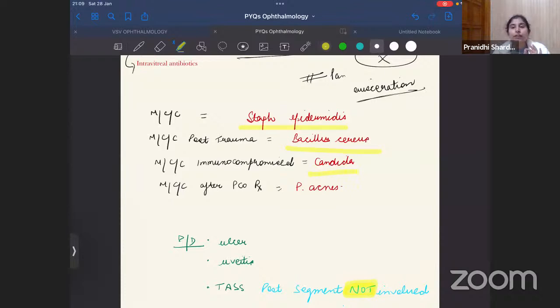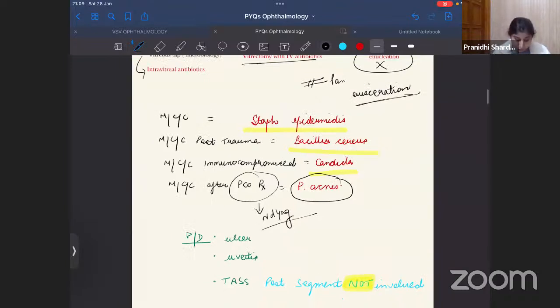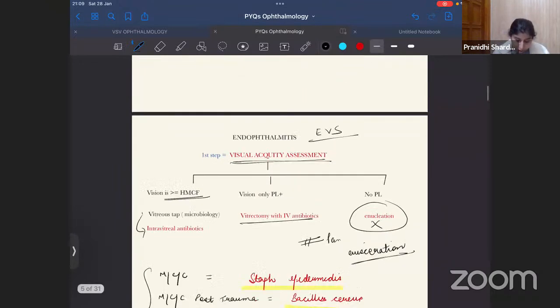And if the question says the patient underwent treatment for after-cataract, that is Nd:YAG capsulotomy, and after that came with vitritis and decreased vision, you will diagnose endophthalmitis by Propionibacterium acnes.